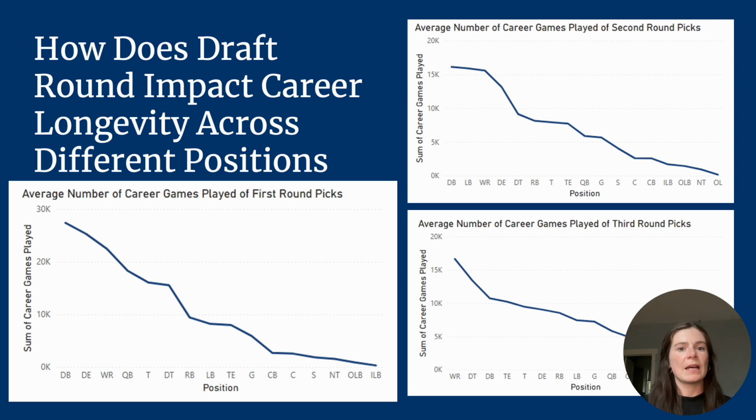And you can see that in the first round draft pick graph. You can see that defensive backs, defensive ends, and wide receivers consistently have higher career game totals when they are first round draft picks. As we move to the second and third rounds, the average number of games for a player drops, but the same positions like defensive back and wide receiver still show pretty strong longevity.